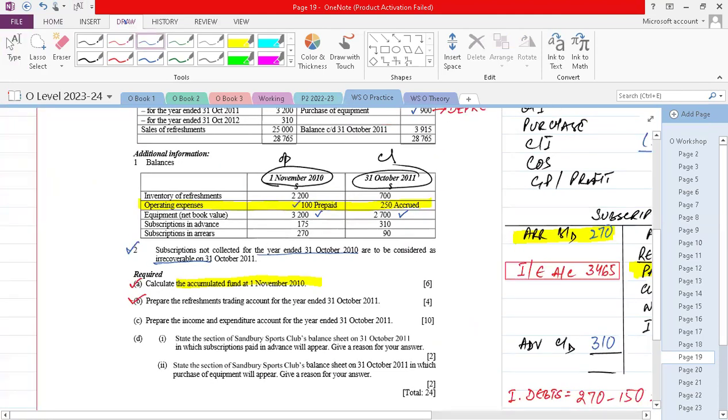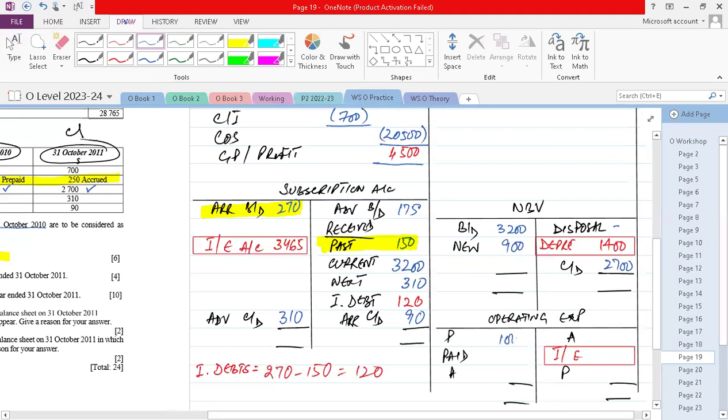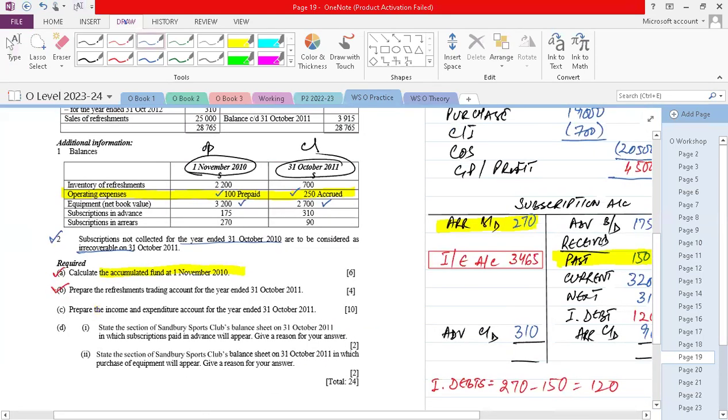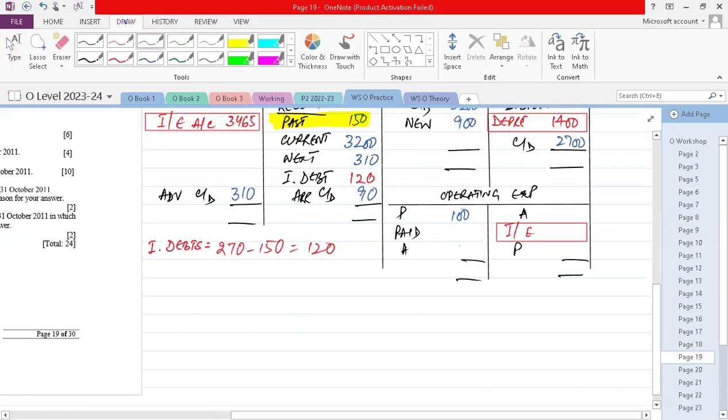Prepaid brought down is 100. Accruals ending 250.